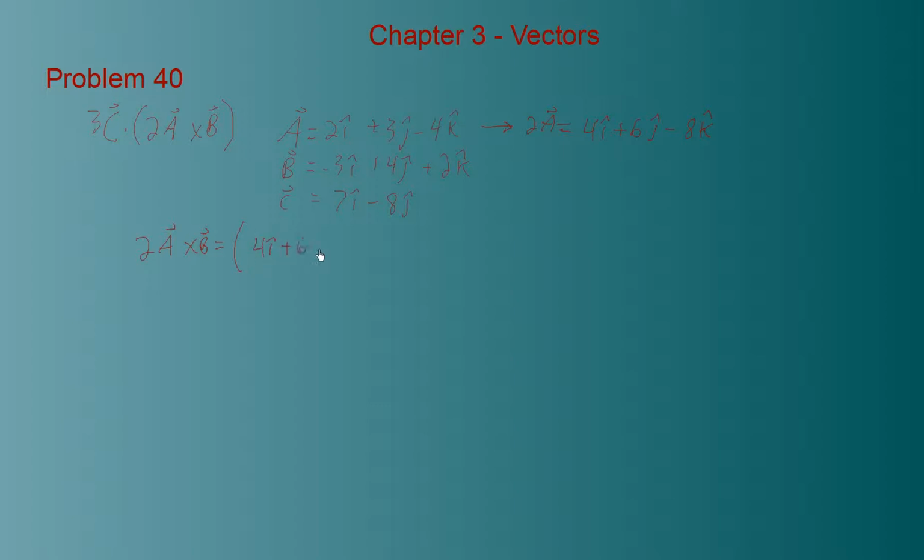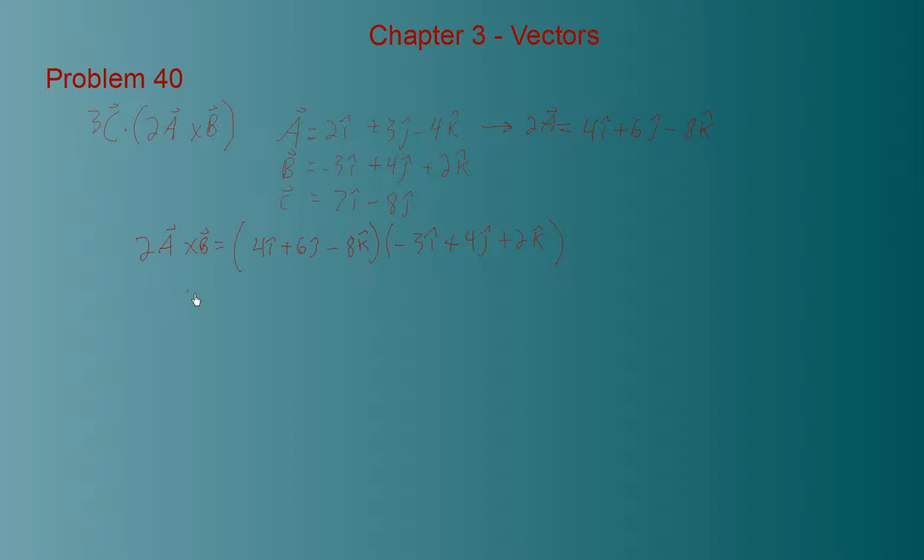4I plus 6J minus 8K times negative 3I plus 4J plus 2K. And let's distribute. So you go 4I term times all these, 6J term times all these, and the negative 8K term times all these.